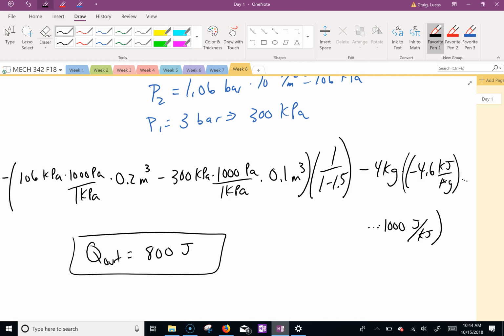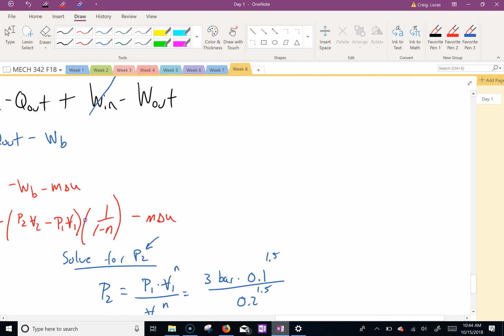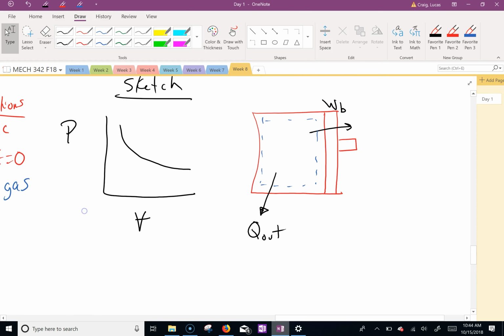So 800 joules, meaning 800 joules goes out. Okay? So based on this, P1 was 300, right? So if we go up here, that was 300, in kilopascals, and this is meters cubed. This value was 106. This was 0.2, and that was 0.1, right?